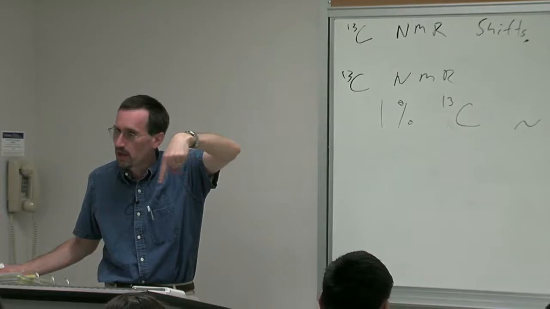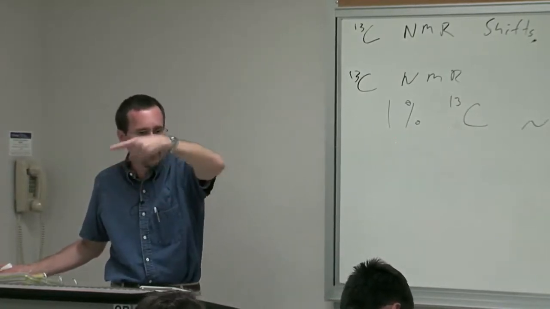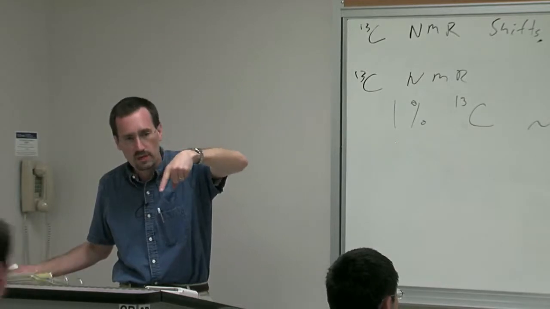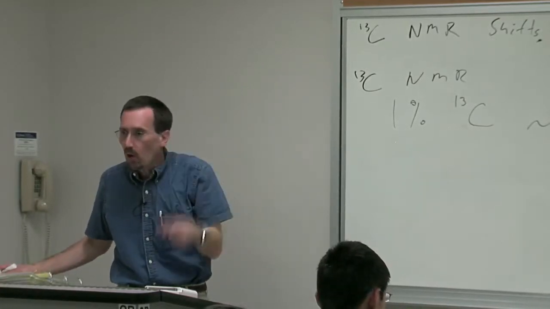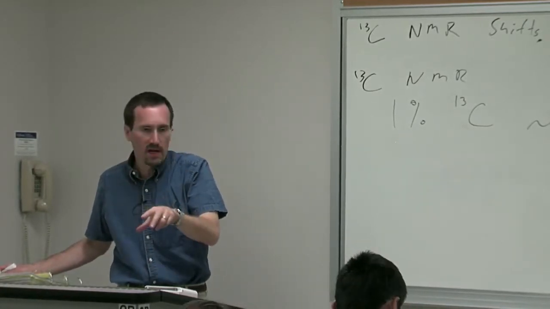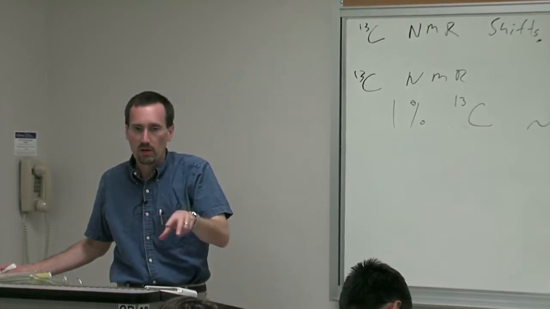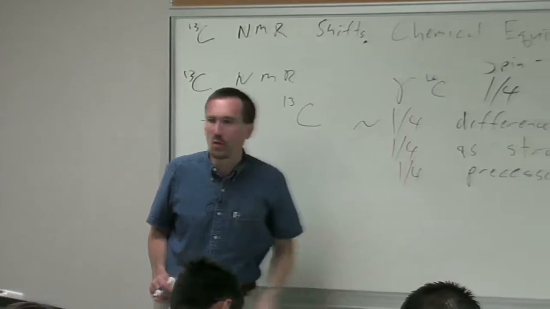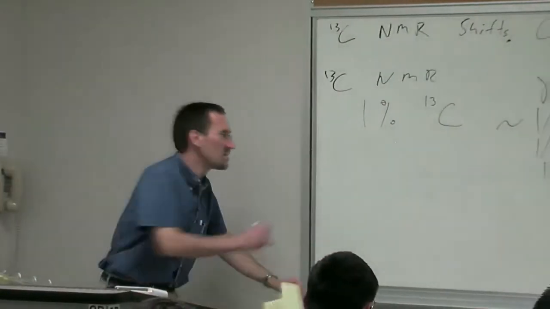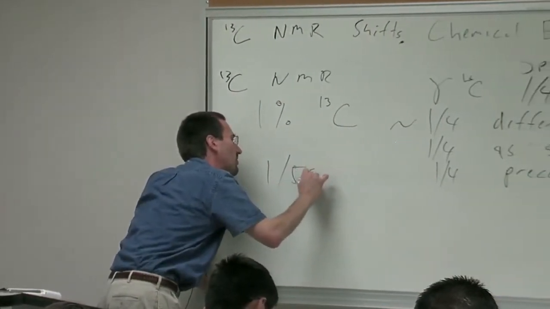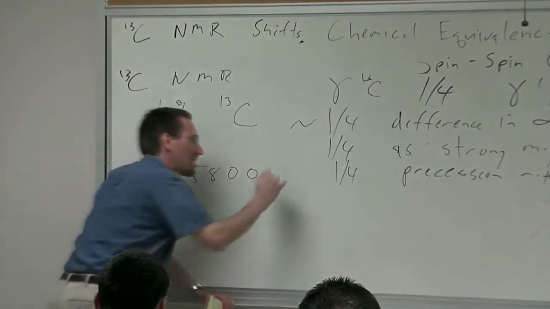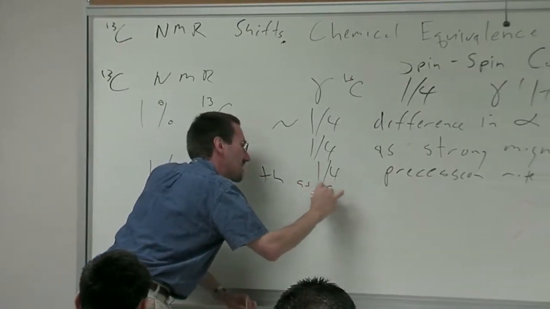For a carbon, you're only precessing at 125 million times per second. So that also gives you a quarter as much electricity in the coil. So you've got 1.1% and a quarter of a quarter of a quarter, which means you're only 5,800th as sensitive.